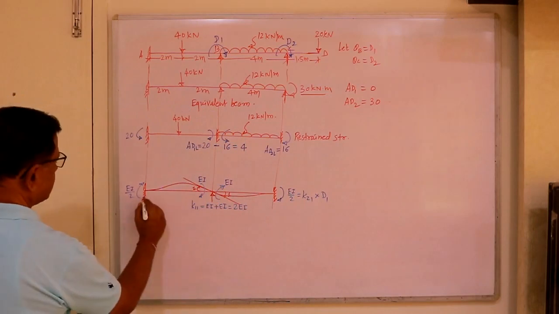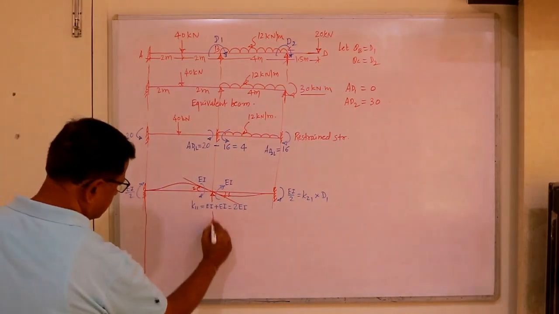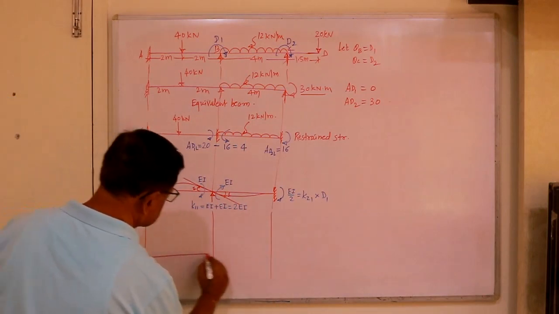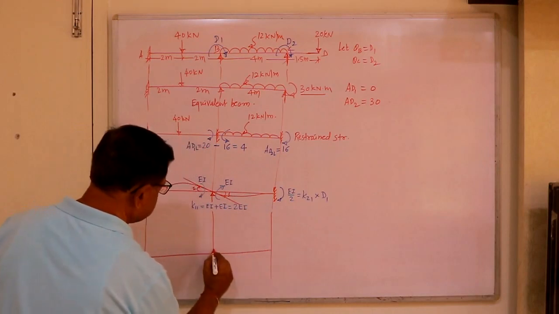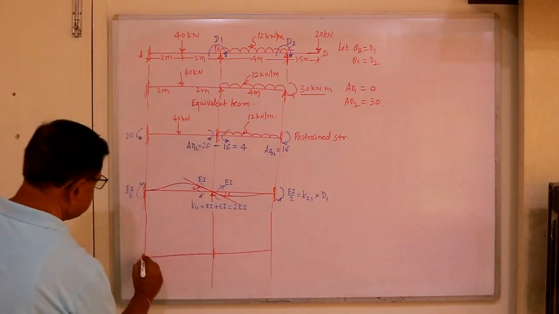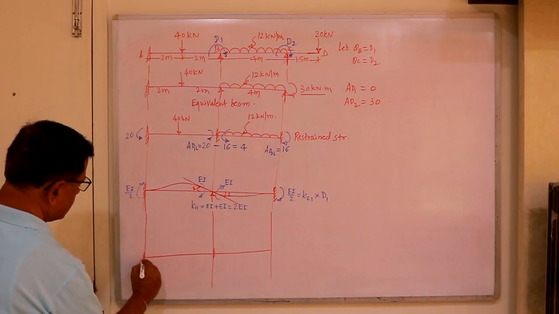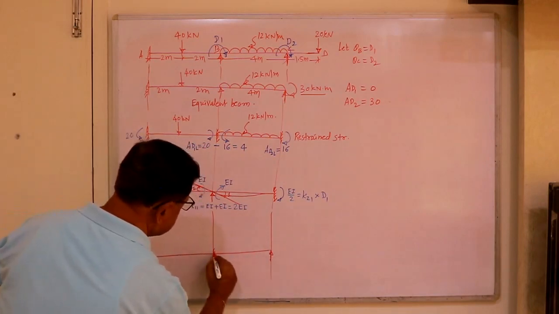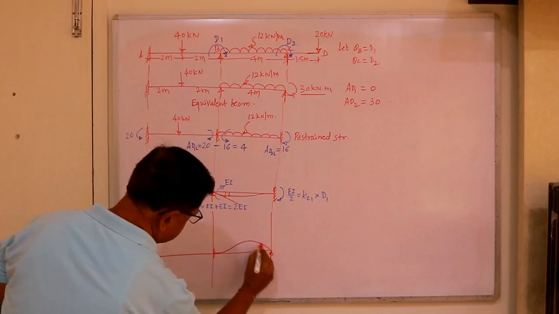Now next, no reactions are required because our unknowns are rotations. So next, keep it fixed and allow rotation here in a clockwise direction in the direction of D2. So this is 1.